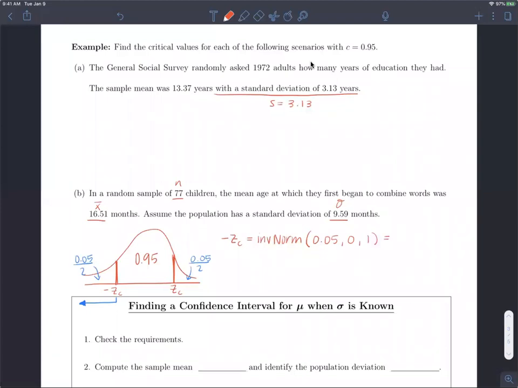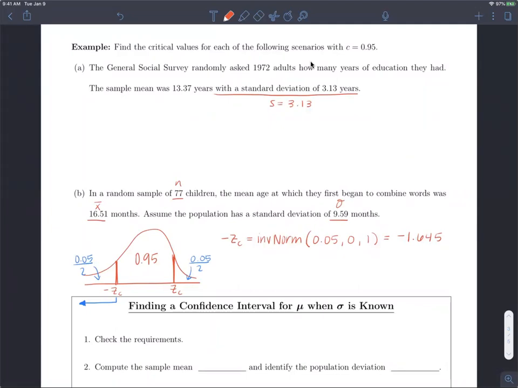So second distribution, inverse norm 0.05/2. And when you're doing the negative Z sub C, you should always get a negative number here. So negative 1.645. Everybody go in your calculator and make sure that you can get the same answer. Make sure you know how to put this into your calculator. We all should by now because it's the same thing as when we were doing hypothesis tests.